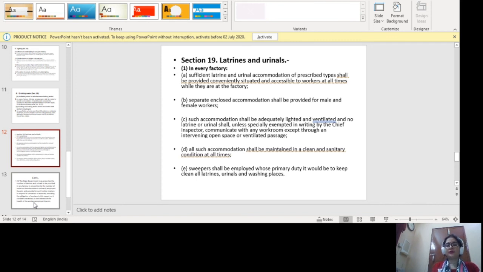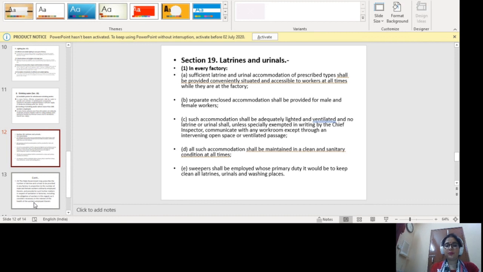In every factory, sufficient latrine and urinal accommodation should be there according to the prescribed format. There should be separate enclosed accommodation for male and female workers. It should be properly ventilated. It should be in a clean and sanitary condition at all times.